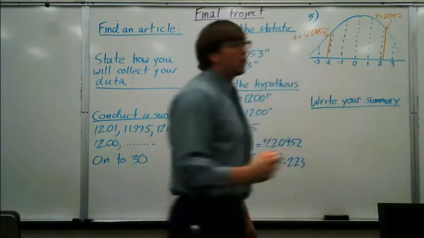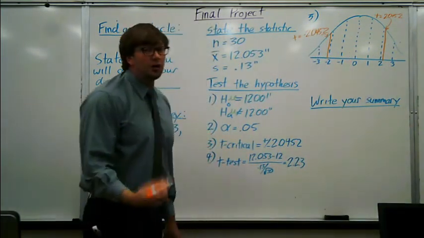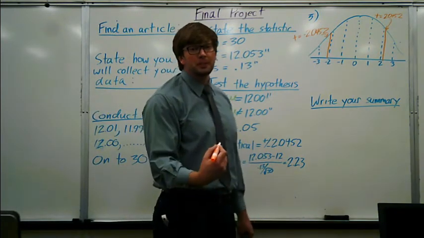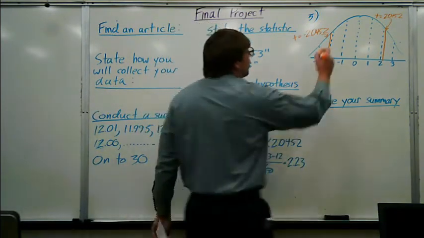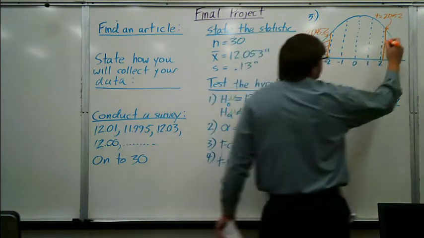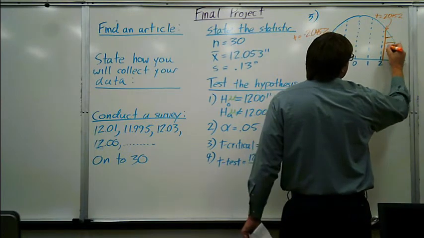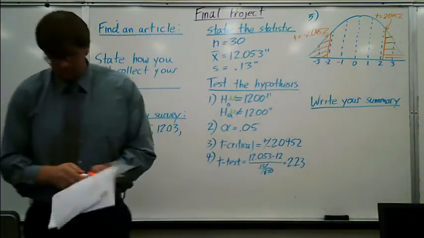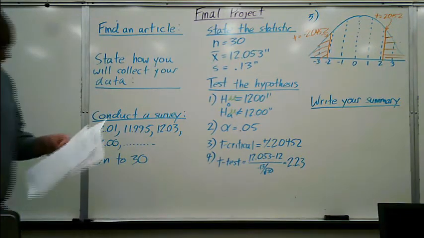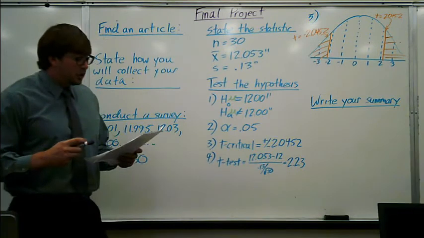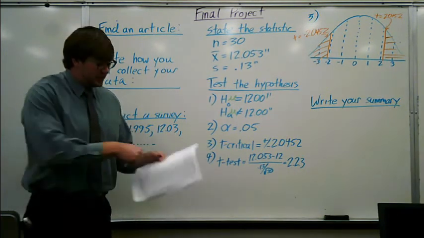So then, of course, you're going to reject the null and accept the alternative if your test statistic is anything more extreme than those critical values or falls in these rejection regions. Let's see. So that's step number 3. We identified our critical value and our rejection region.